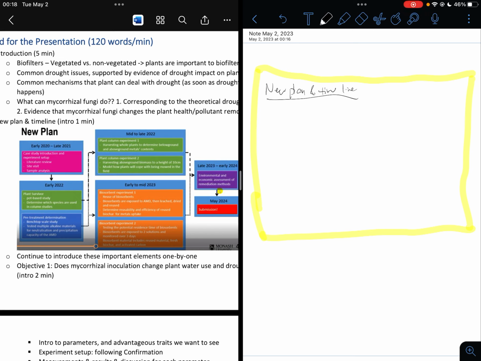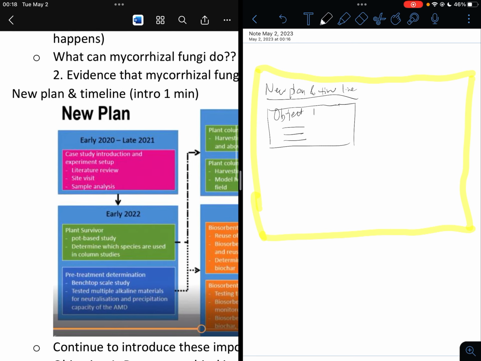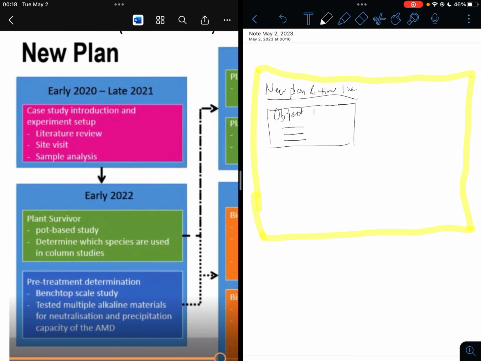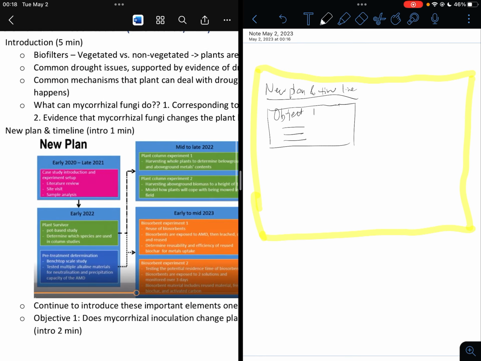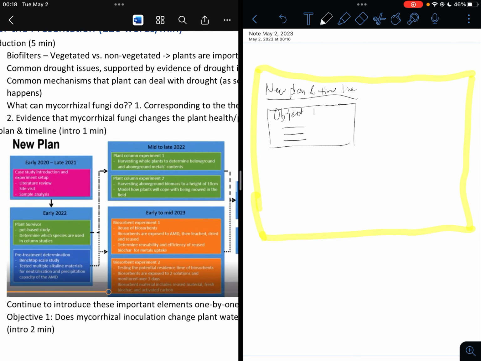So we can have research objective 1, which is basically the same thing that we have in the confirmation report, right? And then we have the research questions. As you can see here, they have the case study introduction, experiment setup, literature review, and site visit. So we can program it like that.